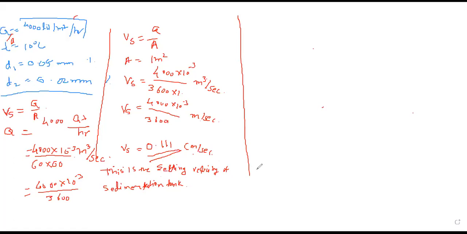Now, what we have to find out is what percentage of particles of different diameter will be settled down in this sedimentation tank. Okay, we need to find out this.